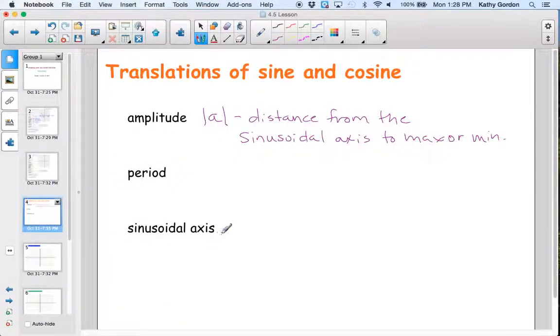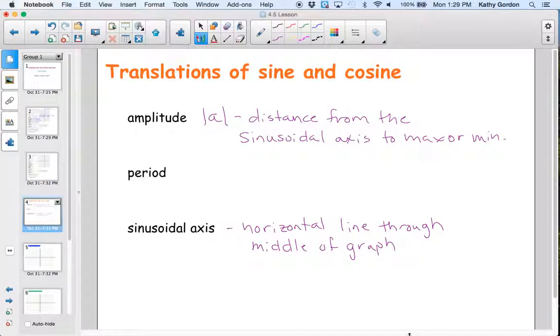So your sinusoidal axis is the horizontal line through the middle of the graph.